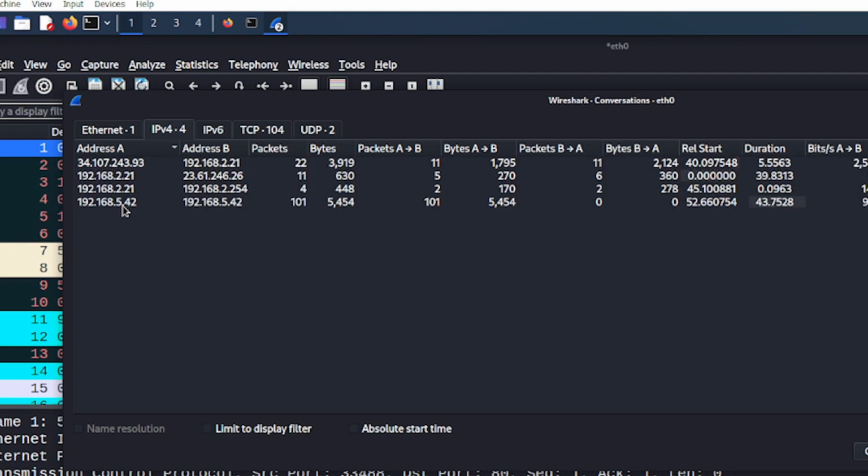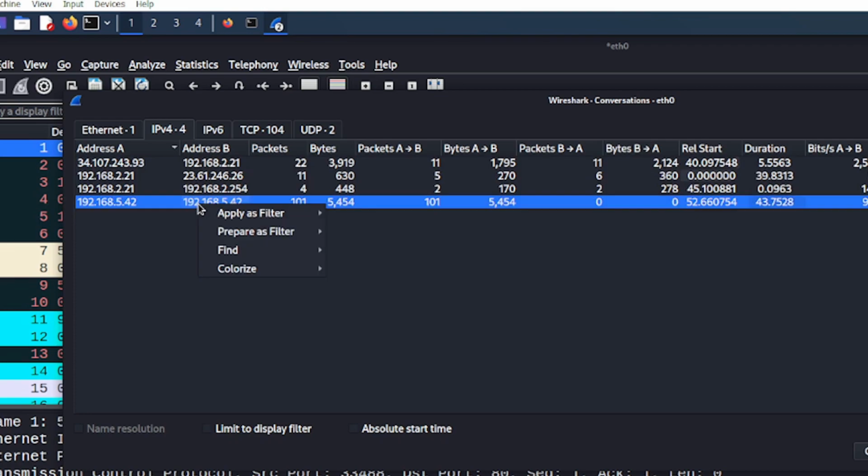And then we got an interesting thing here: we've got 5.42, and remember that is our land attack that we just did. So we've got 5.42 to 5.42. Now, if you ever see an IP address having a conversation with another IP address that's exactly the same, that's weird. You should be digging into that and figuring out what is going on. What I really, really like about the conversations window is that you can actually right click and filter on the items that you're trying to look at.